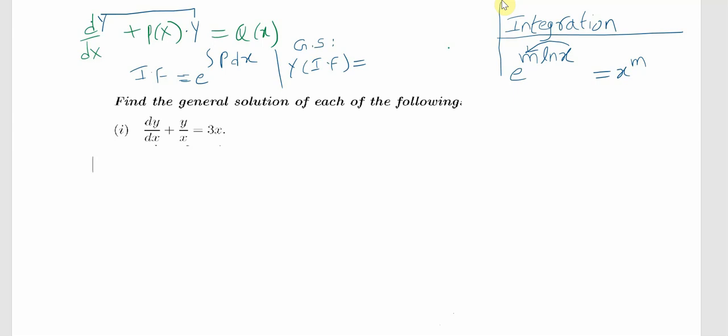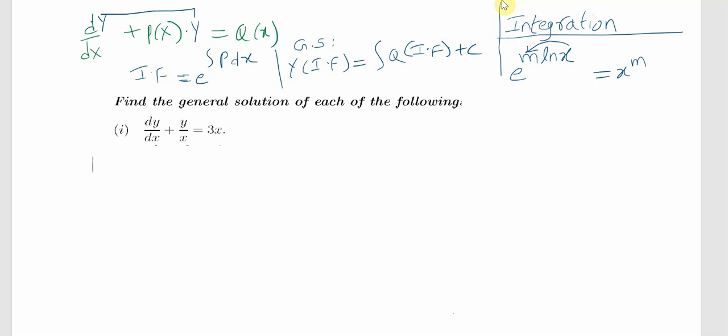If dz and z are there, then we will take z here. If dt and t are there, we take t here. Integral q means the right hand side function multiplied by IF, plus c. This IF is the integrating factor, for which this is the formula to find.